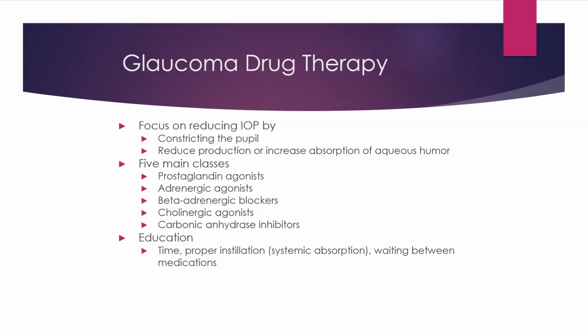So I'm not expecting you to know the 5 different classes for this. But realize it's going on different pathways trying to decrease production of the aqueous humor. So education-wise on this, so talking about how to give these meds, when to give these meds, and why we're giving these meds.